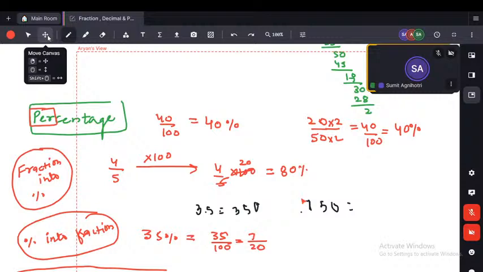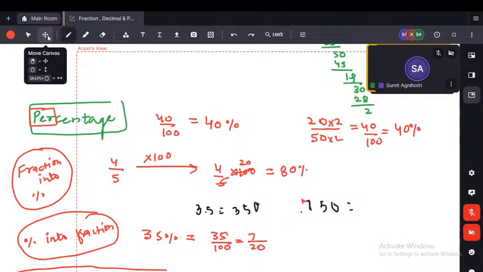Okay, then we have 1/5. Okay, that's very good. 1/5 is 20%, exactly.